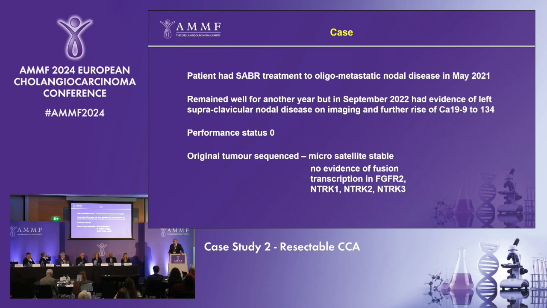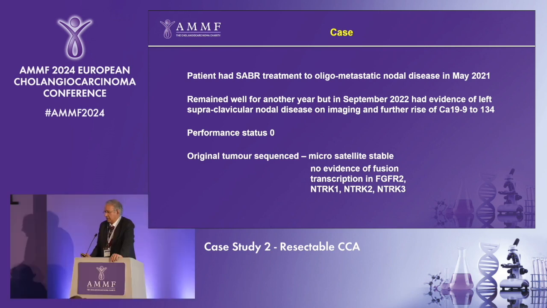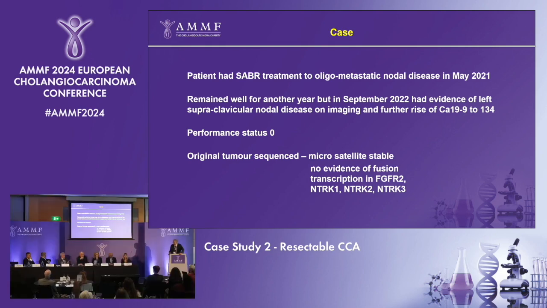The tumour was sequenced there, so I guess from the oncology point of view, does that mean anything to you guys? Is that something you could be thinking about giving something for? Well, I think first, the sequencing is not comprehensive, so we need some data.